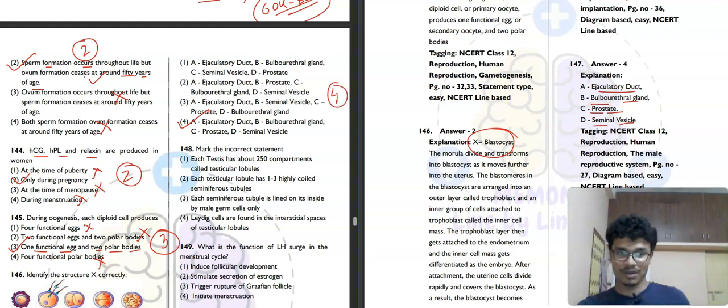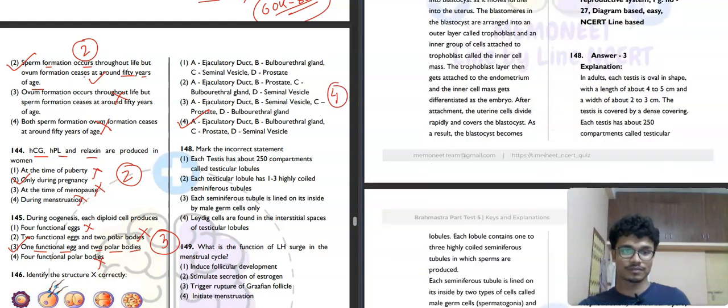Now moving towards the next question, that is 148. Mark the incorrect statement. Each testis has about 250 compartments called testicular lobules. Correct. Each testicular lobule has 1 to 3 highly coiled seminiferous tubules. Correct. Each seminiferous tubule is lined on its surface by male germ cells only. Not correct.